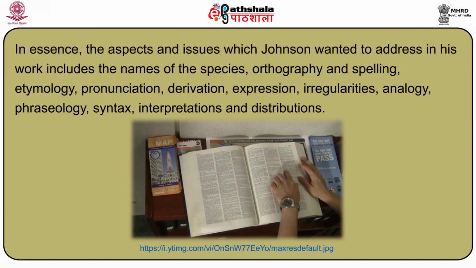So here our basic argument is that Johnson depended on a large collection of lexical database and corpus, if we call it that in that sense, to develop the first English dictionary in English.